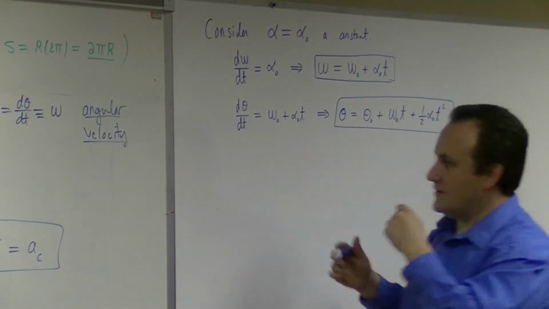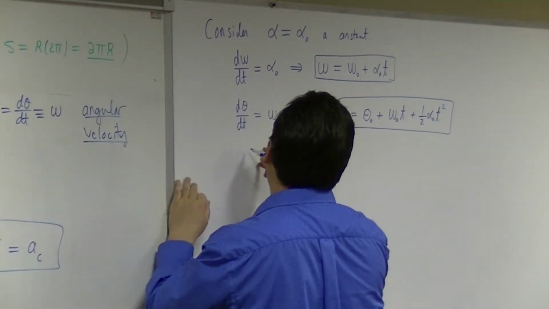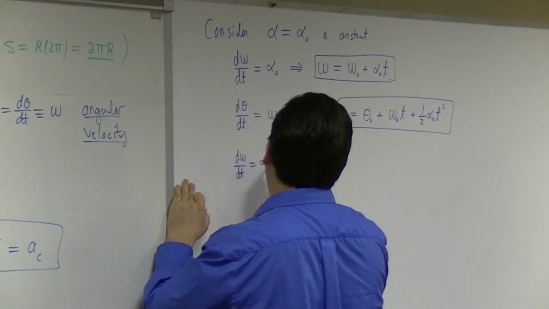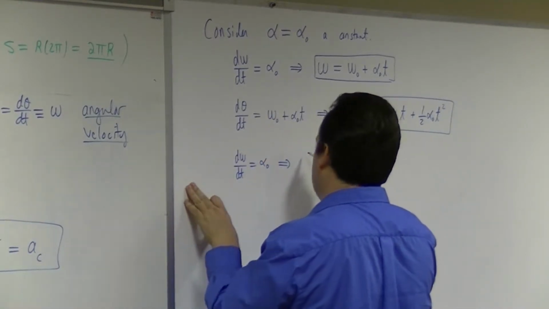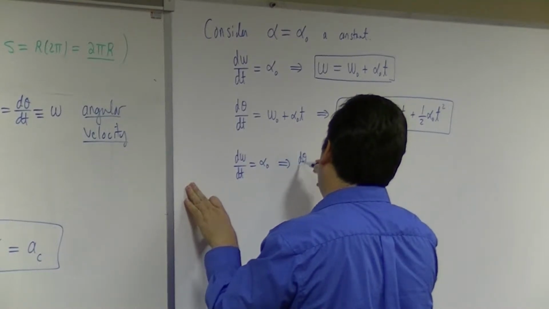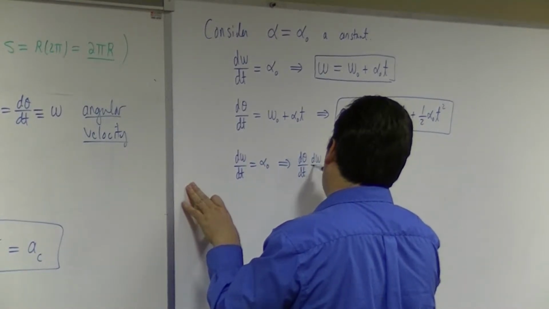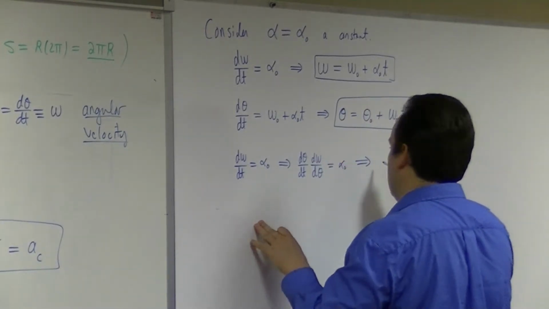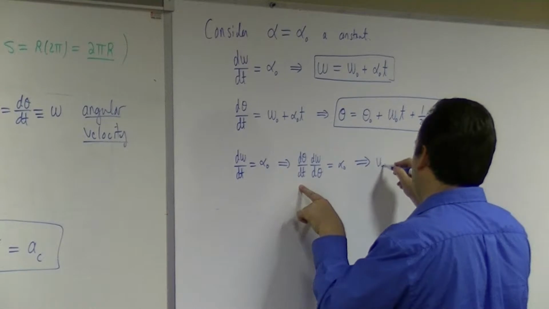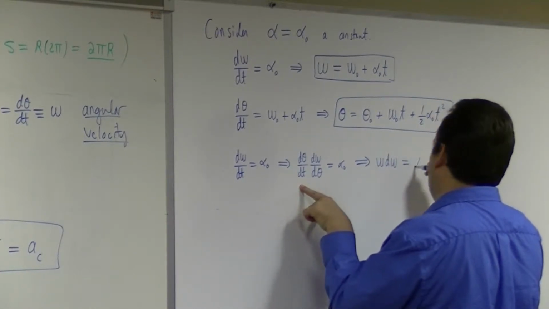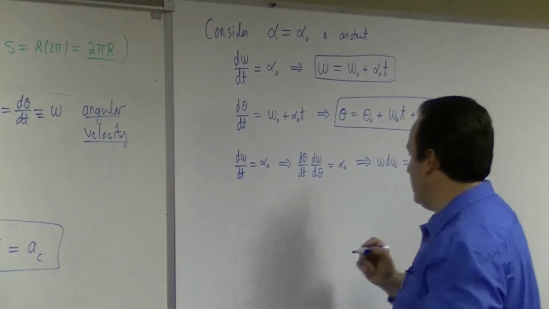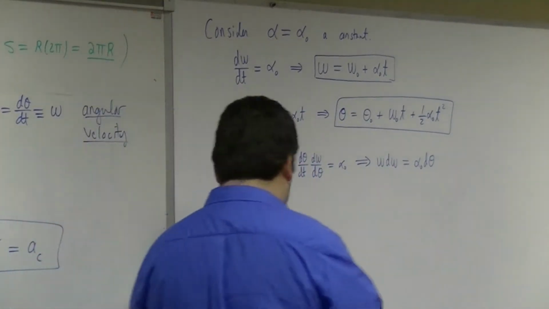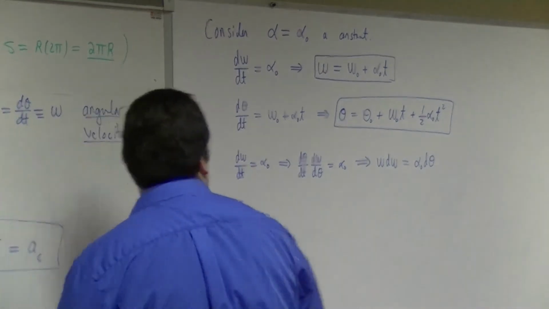Let's see, what was the other thing we did? Another thing we can do is that d omega dt is equal to alpha naught, which implies that d omega d theta times d theta dt is equal to alpha naught, which we can re-look at as omega d omega is equal to alpha naught d theta. Separate variables, integrate both sides over the appropriate limits.